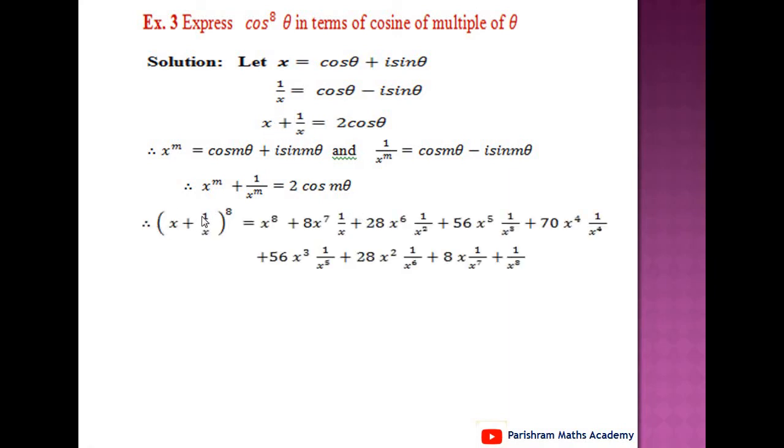First, take x plus 1 upon x, bracket raised to 8. Now, x plus 1 upon x bracket raised to 8, expansion using the Pascal triangle.